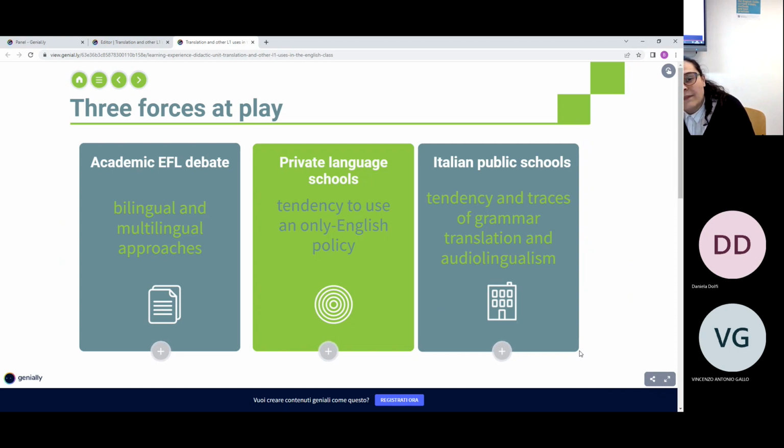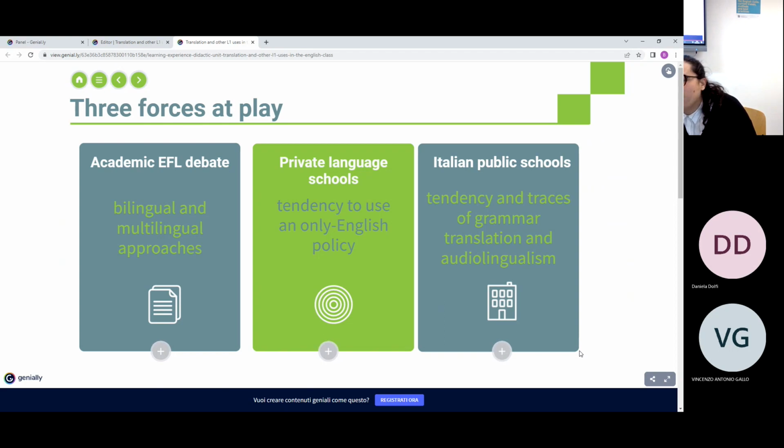We have an academic EFL, English as a Foreign Language, debate, where bilingual and multilingual approaches and the use of translation are widely accepted and have been discussed for at least 30 years.